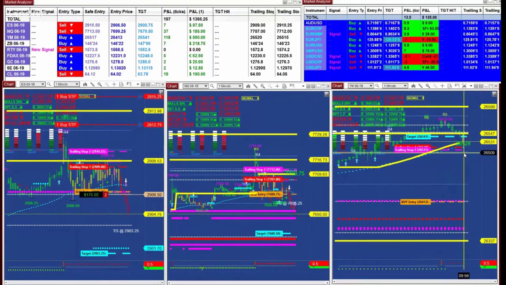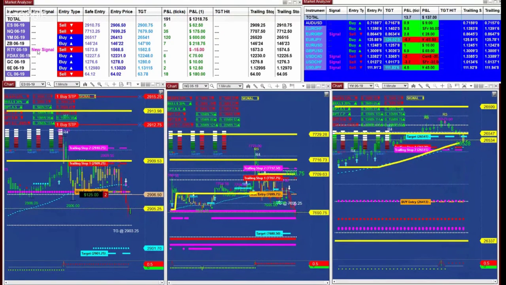The price action, if you look right now, we have the RTY new signal. The price action comes with an ATM automated trade, and it comes with the entry price, and then you have the target.